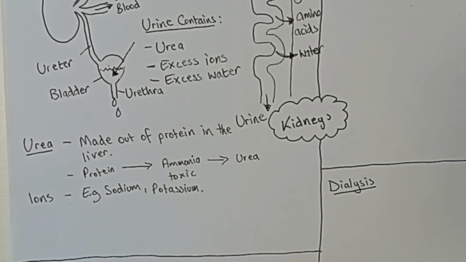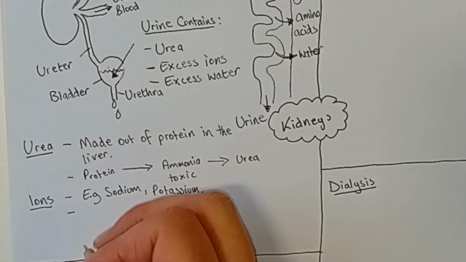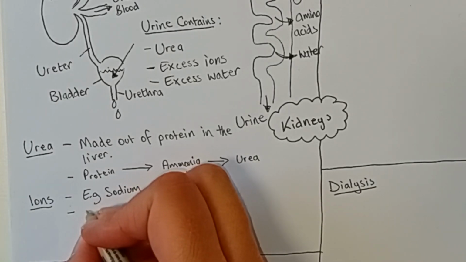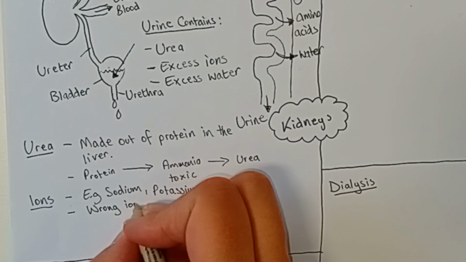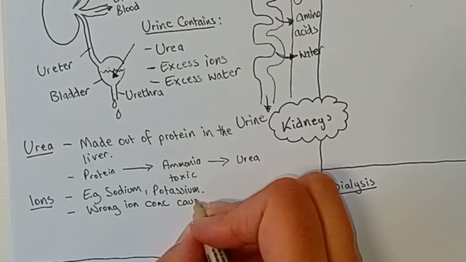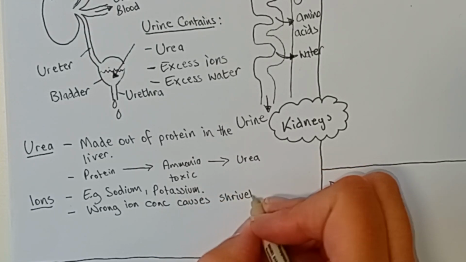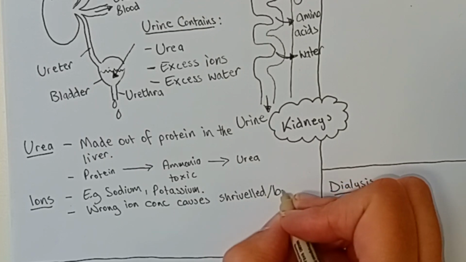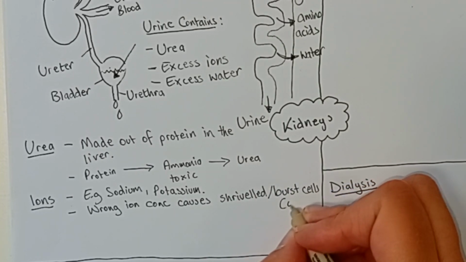So you need to get rid of extra ions because they cause osmosis and they cause cells to shrivel or to burst. So the wrong ion concentration causes shriveled or burst cells by osmosis.